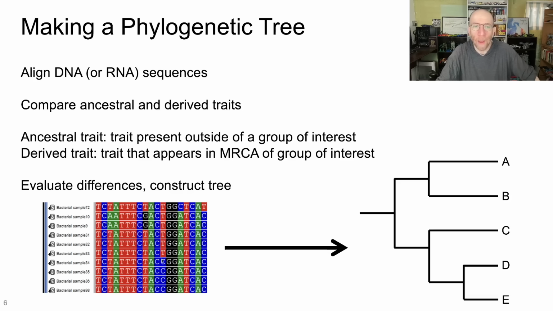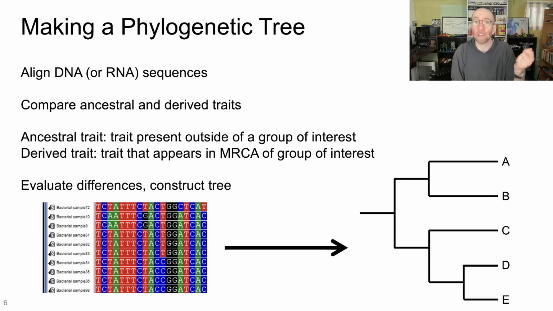And then you're going to compare, and you do this computationally, you don't do this by hand, a computer does this. You're going to compare ancestral and derived traits among those sequences in your alignment. Now, an ancestral trait is a trait that is present outside of a group of interest. And when you're looking at a DNA sequence, an ancestral trait is going to just be a nucleotide, right?